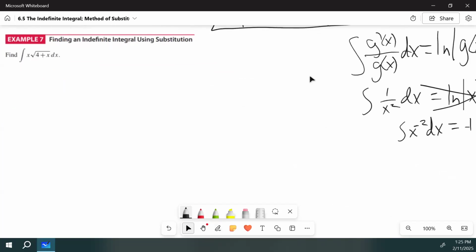All right, so in this one, we want to find an indefinite integral. So here, we're going to let u equal 4 plus x, then du is equal to dx.